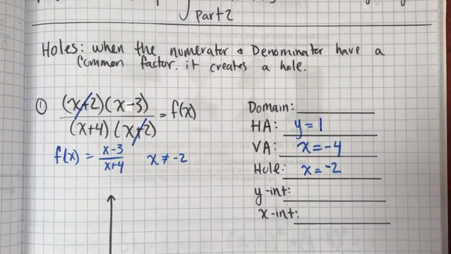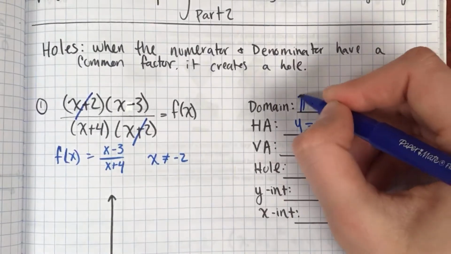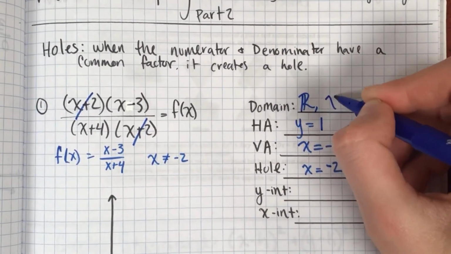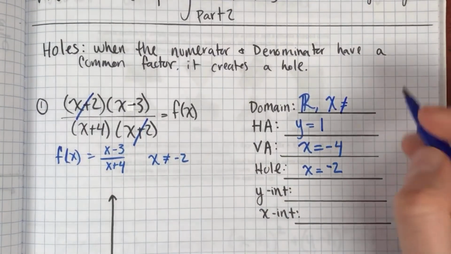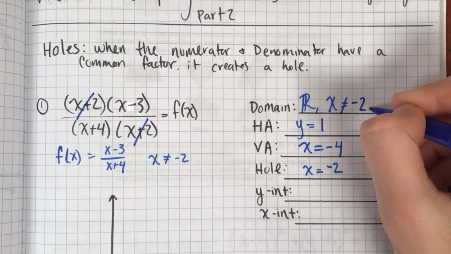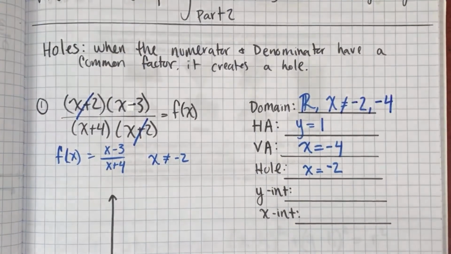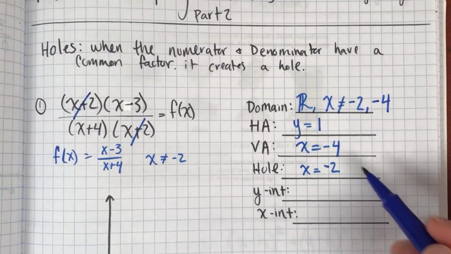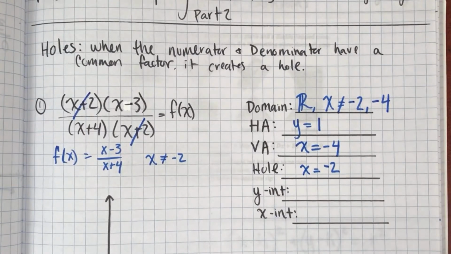We can also state our domain. We know that our domain is going to be all real numbers, but x cannot equal negative 2 and negative 4, and that comes from our hole and vertical asymptote.